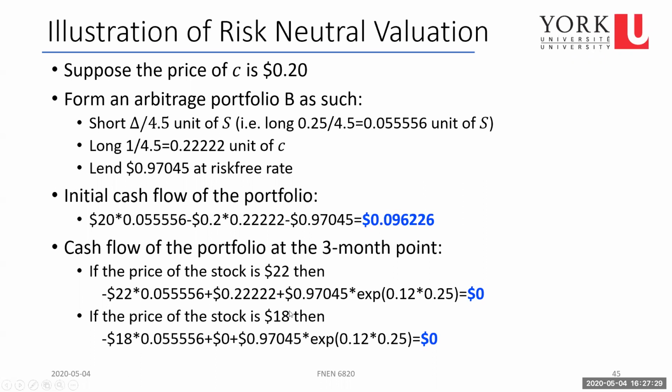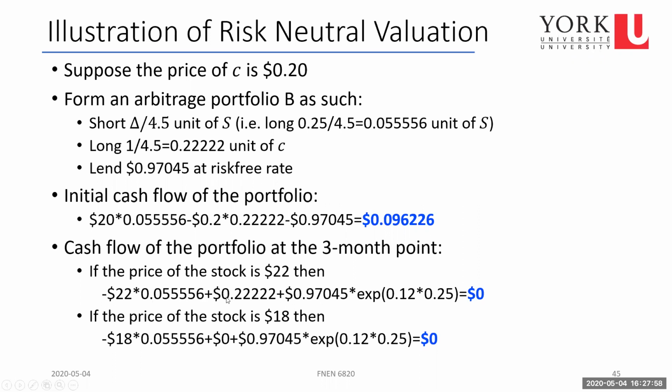Now, 3 months later, if the stock price were to go up to $22, you have $22 where you're short, you have to pay back. So $22 times 0.056 units. That's how much you owed people. Plus, you've bought 0.22 units of C, and each is worth $1.